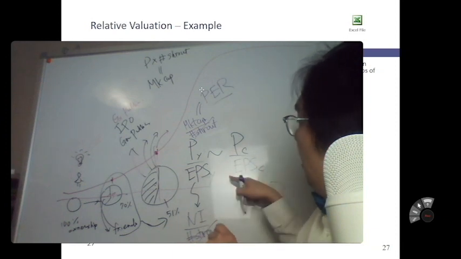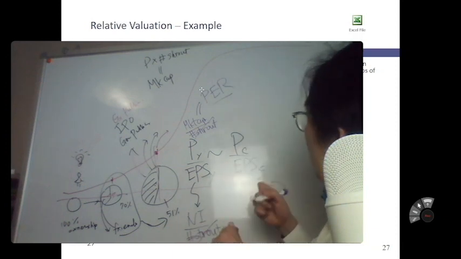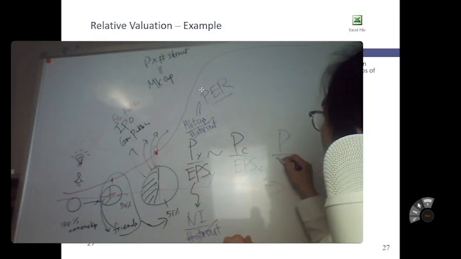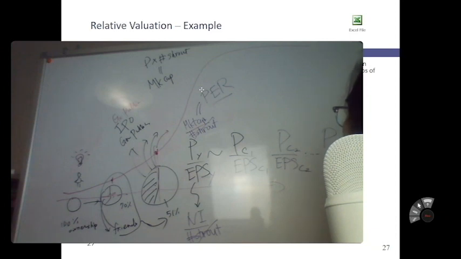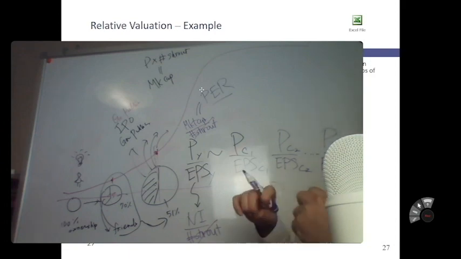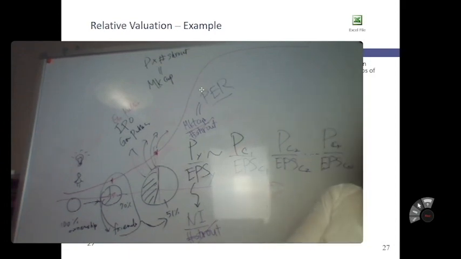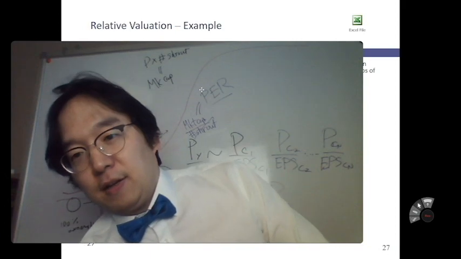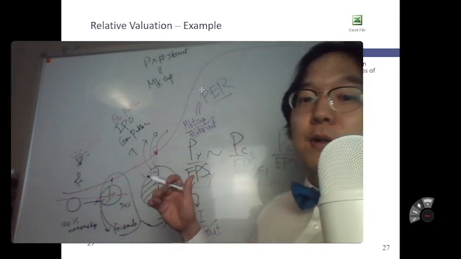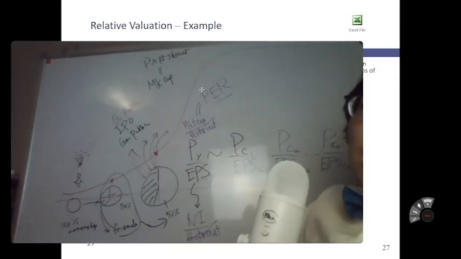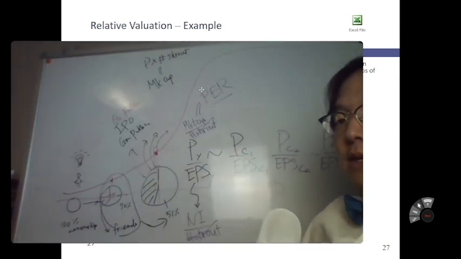You're going to have a lot of PE ratios of your competitors: 2, 3, 4, 5, up to P of CN, EPS of CN. Can you see this? So you are going to have a big sample of a whole lot of PE ratios of your competitors.